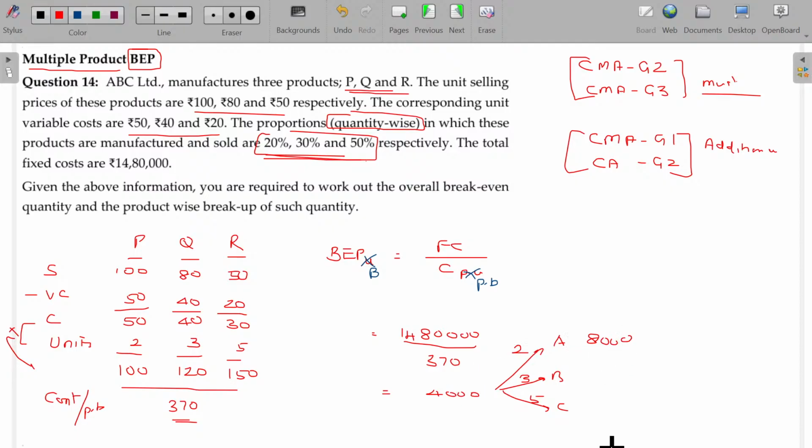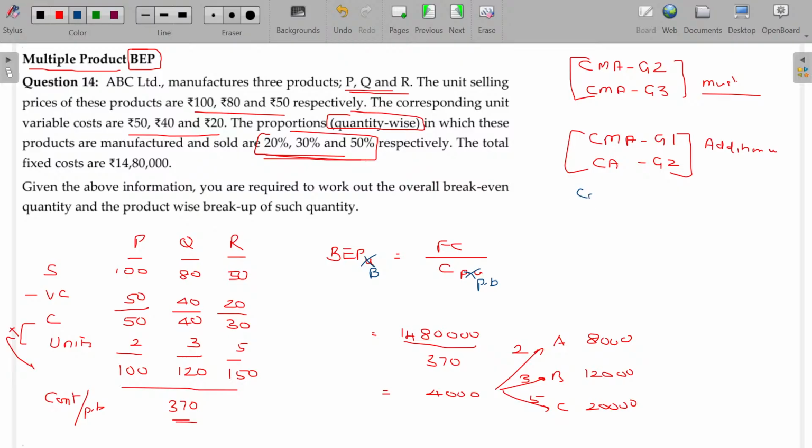One batch consists of 2P, 3Q and 5R. In such a way 4,000 batches are saleable. So then 4,000 into 3, 12,000. 4,000 into 5, 20,000. You can cross verify if you want.